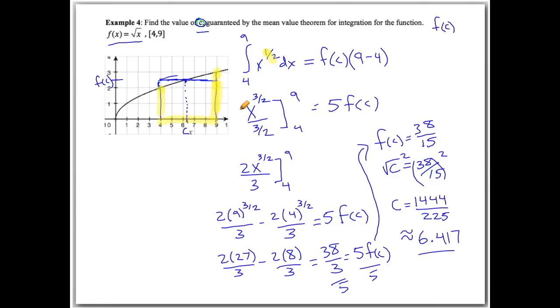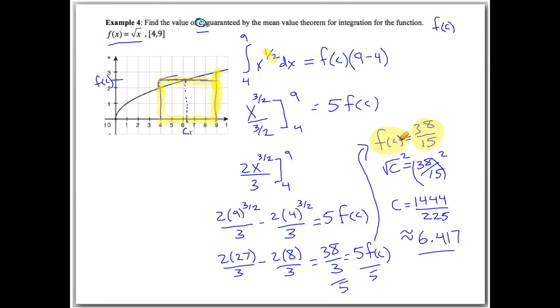Then I went ahead and evaluated my definite integral here. So you can see the power rule for integration, and then the fundamental theorem of calculus right through here. And then what we came out to was that f of c equaled 38 over 15. And you can see the height, 38 over 15, right here.